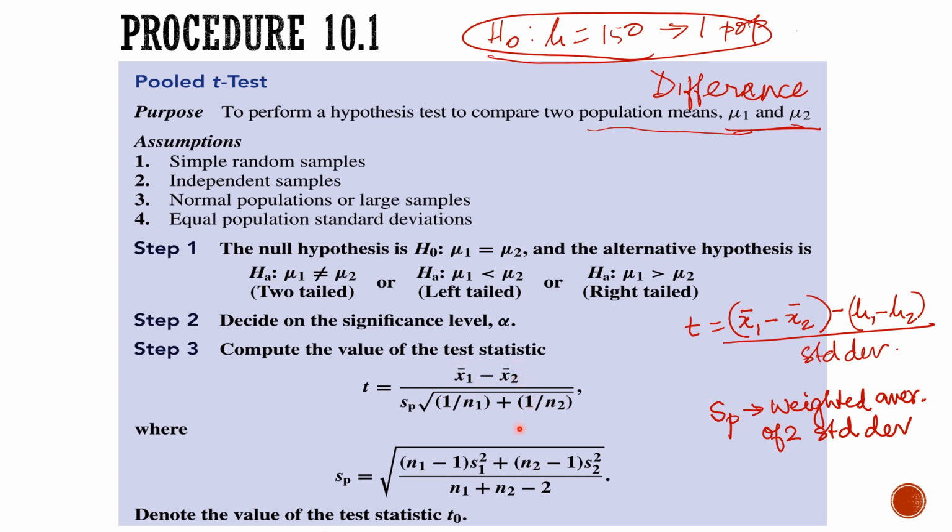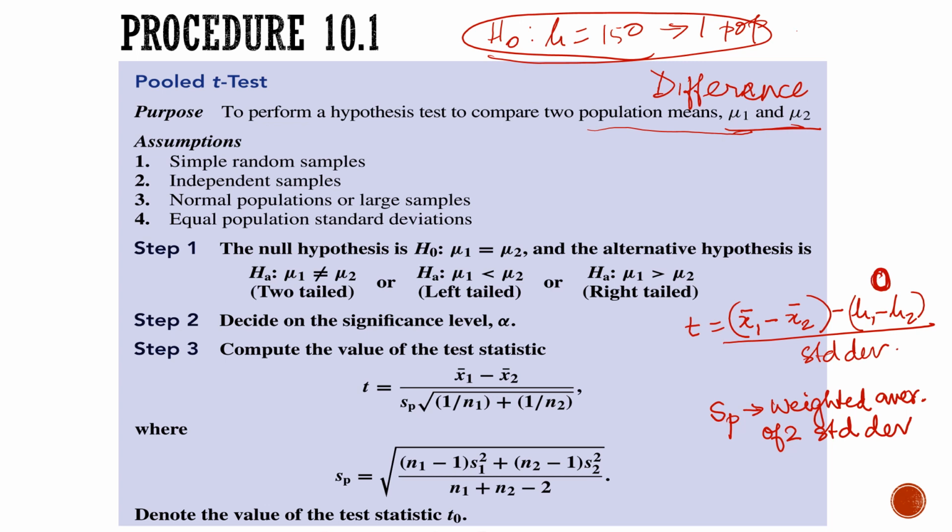The reason is that mu sub 1 minus mu sub 2 is what the null hypothesis is stating. The null hypothesis states that mu sub 1 is equal to mu sub 2. So since both these values are equal, if you take the difference, it's going to make mu sub 1 minus mu sub 2 equal to 0, isn't it?